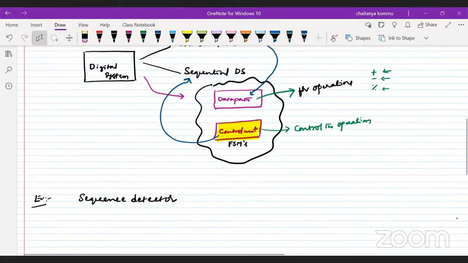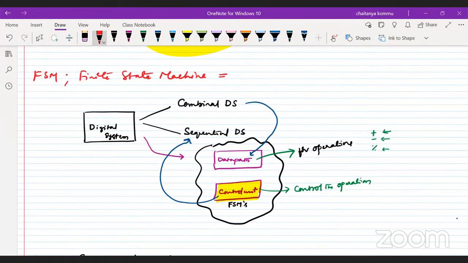The reason is that if you want to represent any digital system, we use only a finite number of states.